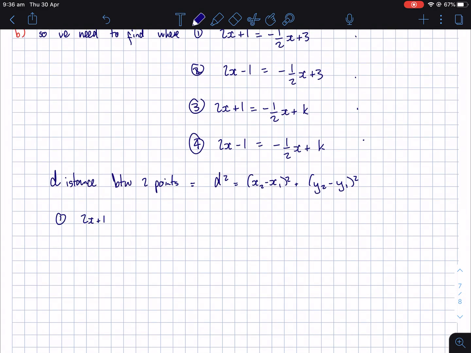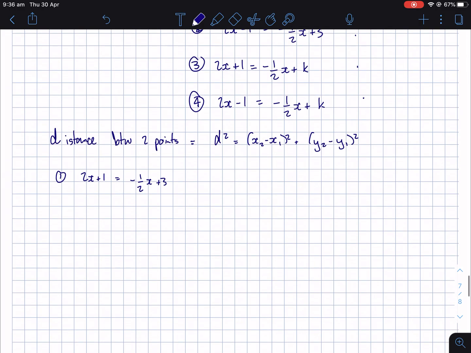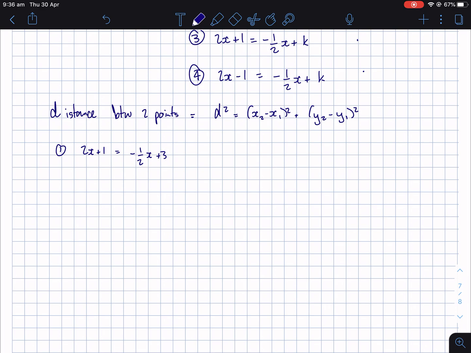2x plus 1 equals negative half x plus 3. Let's get our x's on the left and our whole numbers on the right. So 2x plus half x is the same as positive 3 take 1. So this is 5 on 2 x equals 2. So x equals 4/5. And then sub that in, y equals 2 times 4/5 plus 1.